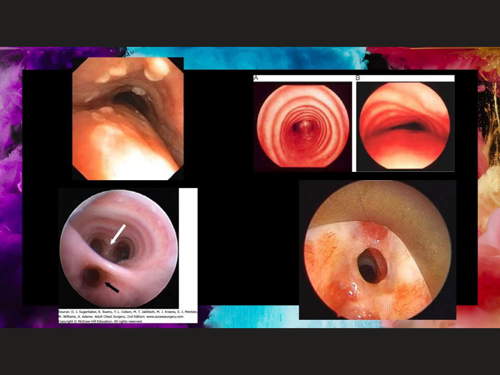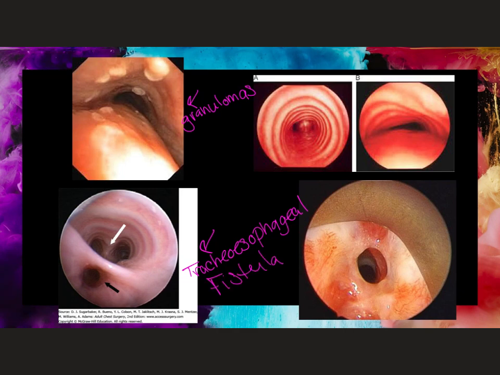Now we have some pictures to help you tie it together and get a visual of what I'm talking about. So in this picture, you have granulomas. And with this one, you have your tracheoesophageal fistula. Next we have tracheomalacia.